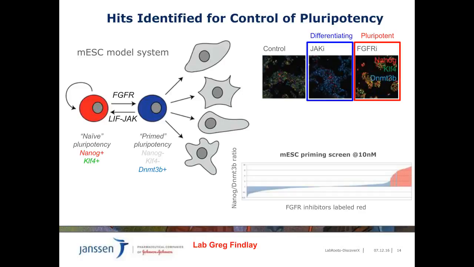FGFR activity switches the naive state to the primed state. FGFR inhibitors thus shift the equilibrium to the naive red state. Vice versa, JAK activity switches the primed state to the naive state. JAK inhibitors accordingly shift the equilibrium to the primed blue state.